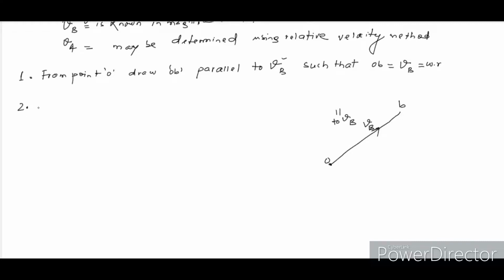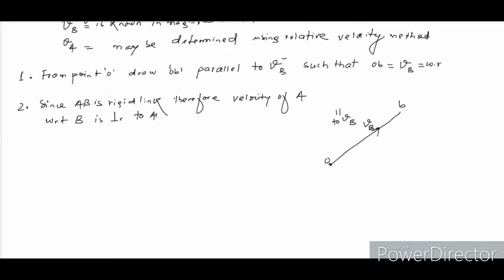Now second step: since AB is a rigid link, therefore velocity of A with respect to B is perpendicular to AB.